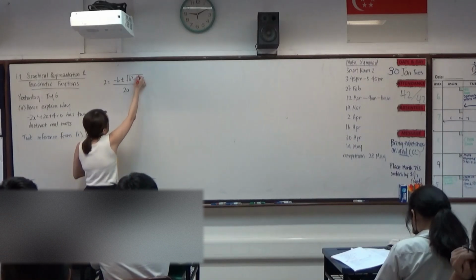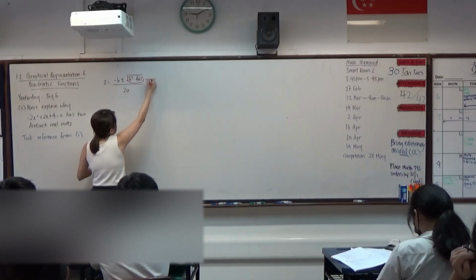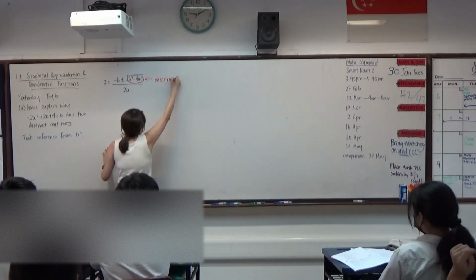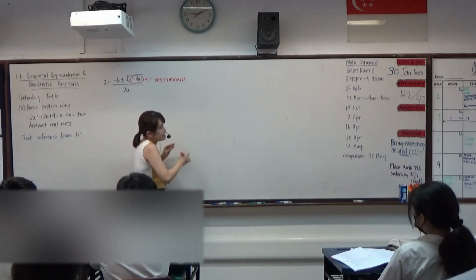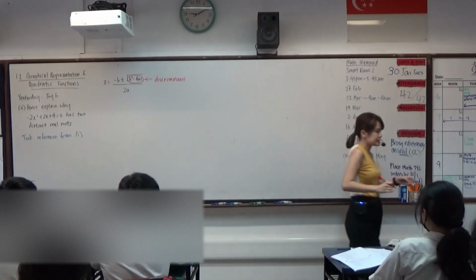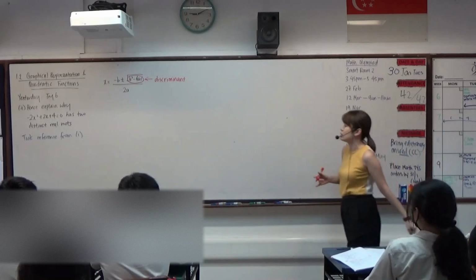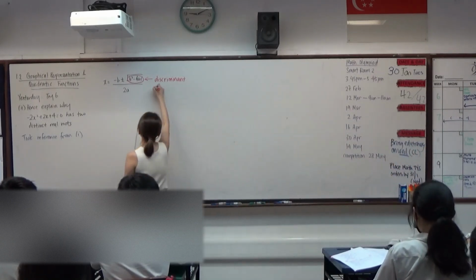The critical one is this b squared minus 4ac, which we call the discriminant. What does it actually discriminate? It discriminates how many solutions there could be in a quadratic equation.